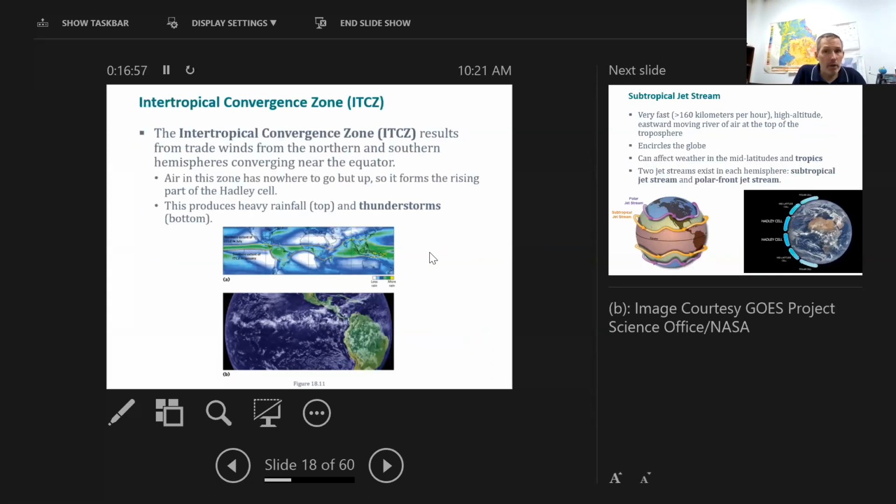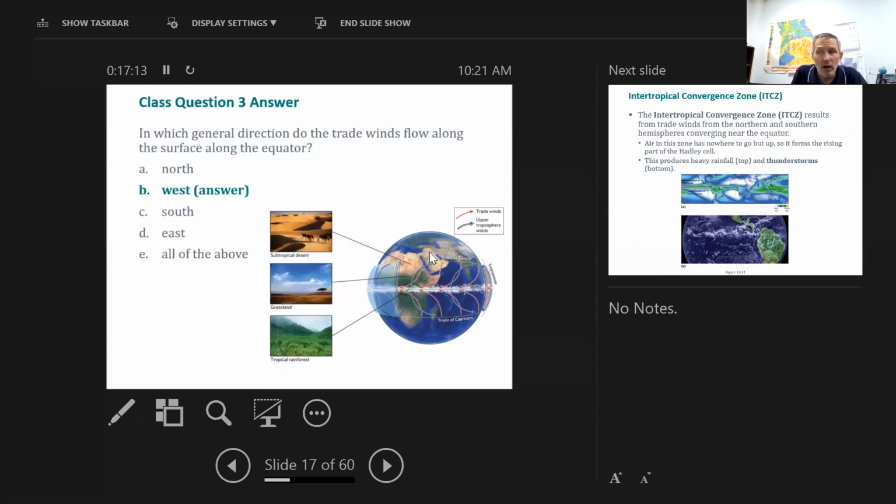I've already mentioned this at the center of the two Hadley cells where the air is meeting. This is going to be occurring at the intertropical convergence zone where the trade winds are meeting. Now, if you were at the equator, the Coriolis effect would be negligible or non-existent because the air doesn't know whether it should be flowing to the right or to the left.